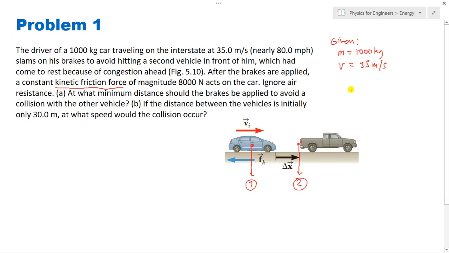And then we also have the frictional force, that is FF is equal to 8,000 newtons, so very high, in order for the blue car to be stopped so it won't hit the gray car. And then what else? So nothing else. So let's start solving for letter A. And what is the required for letter A, class? The required here is the minimum distance, so that would be delta x in order to avoid collision.